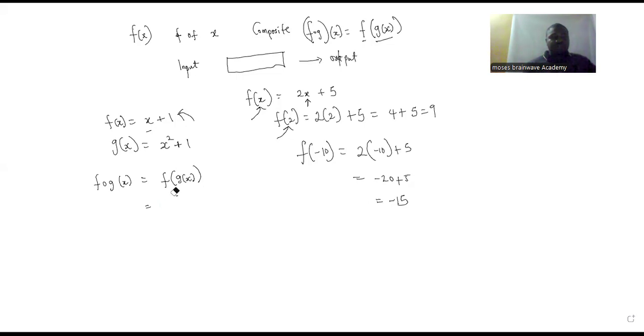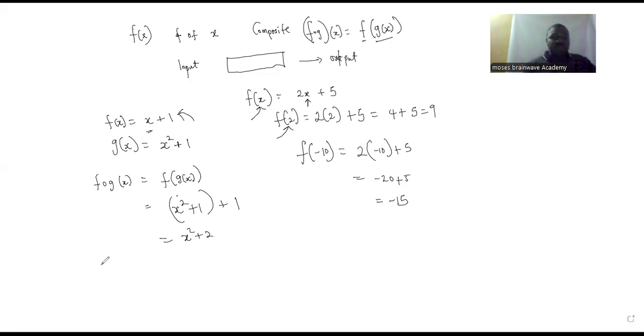I'm coming to f of x, and instead of putting x, I have g of x. So I have x squared plus 1, which is for this x, then plus 1. If I evaluate this, I'm going to get x squared plus 2.